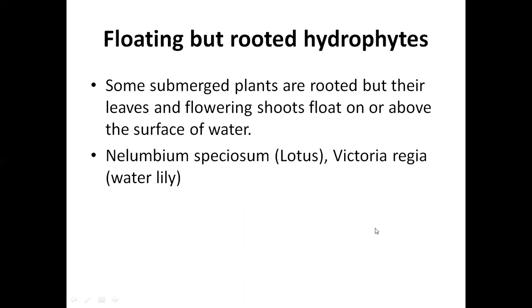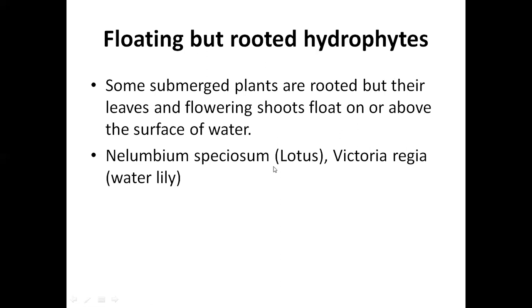So another category is floating but rooted hydrophytes. For example, some submerged plants are rooted, but their leaves and flowering shoots float on or above the surface of water. In shallow waters, if the water depth is little, then we can observe Nelumbium speciosum, Victoria regia, Nymphaea.